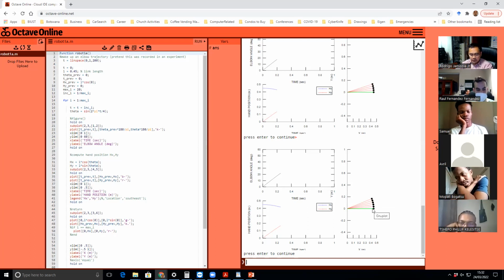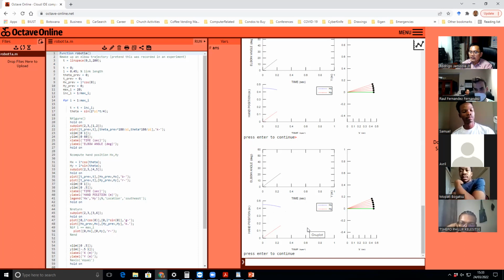As the angle goes up, the X goes smaller. You see that? When the angle goes up, the X component becomes smaller and smaller. Here the HY component, as the time goes further, should go down.